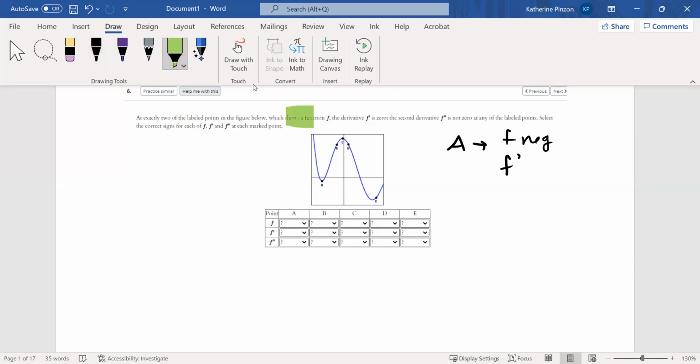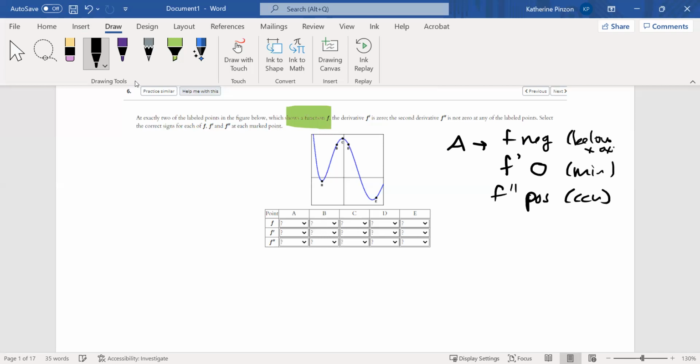So what would you say F prime is at this point A? This is a minimum, right? What's the derivative? Yeah, 0. Okay, and F double prime? F double prime tells you concavity, right? So at A, what do you know about the picture? It's concave up. So F double prime is what kind of number? Positive. Because it's concave up, it's a minimum, it's below the x-axis.